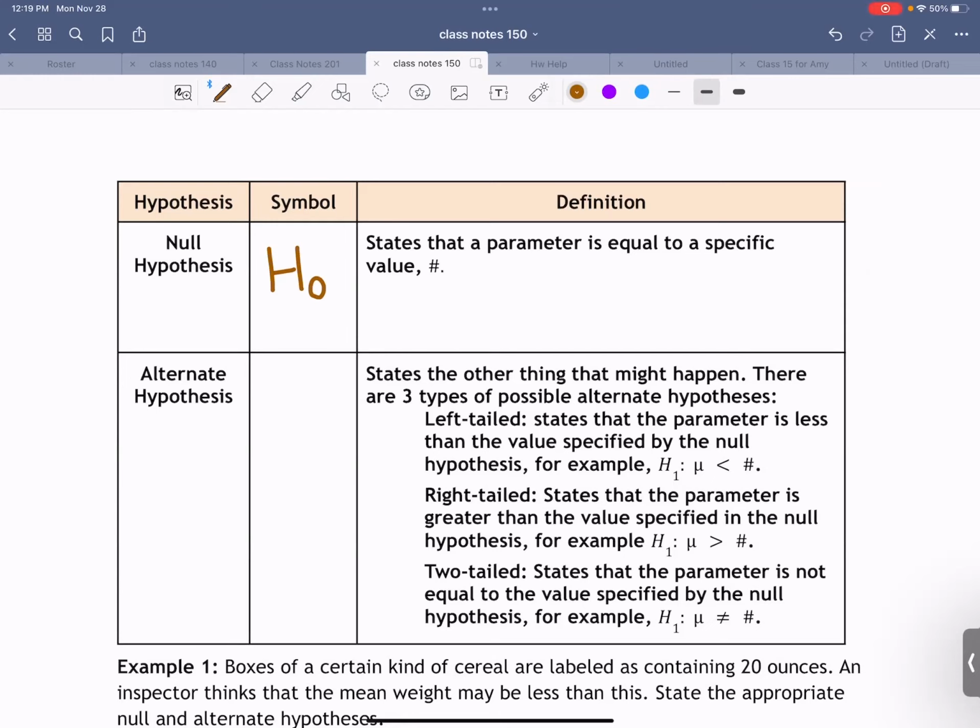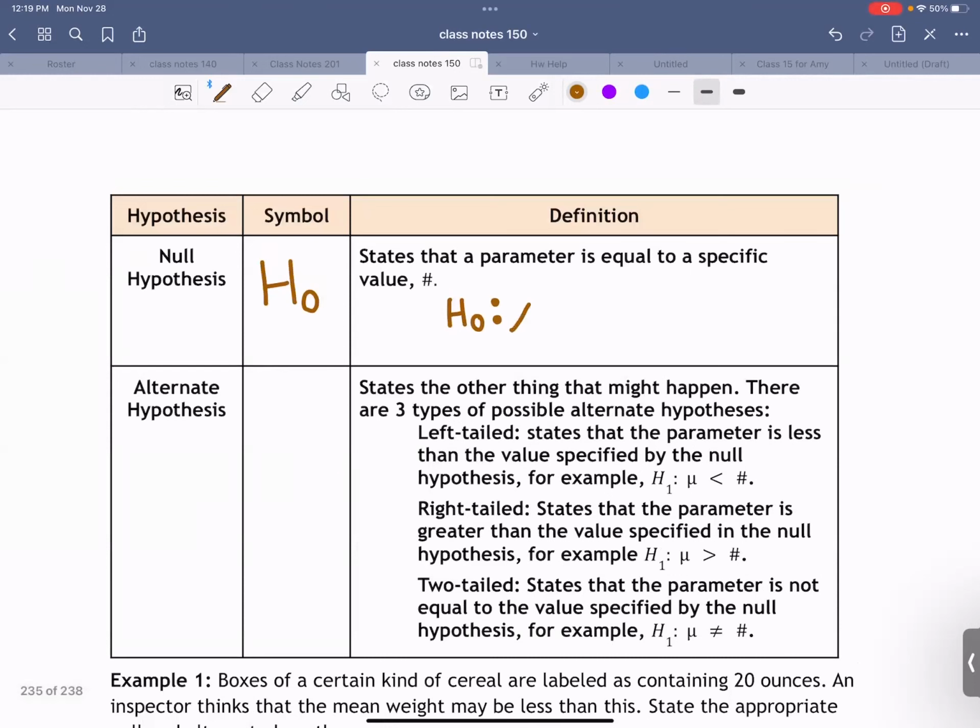Whenever we talk about the null hypothesis, we're going to use the symbol. We put a colon after it to say, this is what the null hypothesis says. In this class, we're always going to talk about the population mean, so we're always going to talk about mu. The null hypothesis always says that the mean is equal to something. In our example, it was 5. So the null hypothesis always looks like this: here's my null hypothesis, the mean is equal to a number.